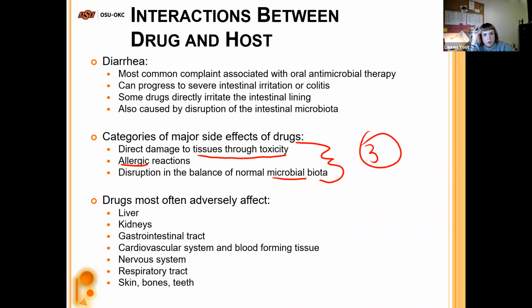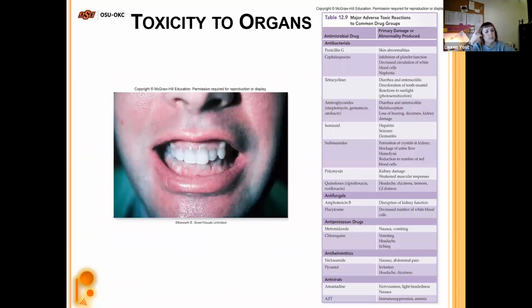Organs that are most commonly affected by these drugs will be the liver, kidneys, GI, cardiovascular system, nervous system, respiratory tract, skin, bones, teeth. It just depends on the drug, really. It's not all of them for every single one, of course. This is an example of someone who had taken tetracycline and then got that gray band on their teeth, like I was telling you guys about.